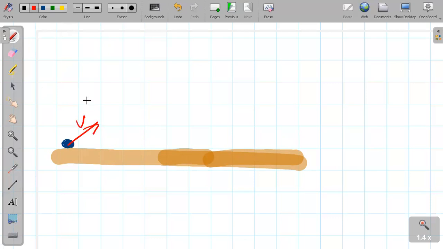With an initial velocity of v. Have a look at it.